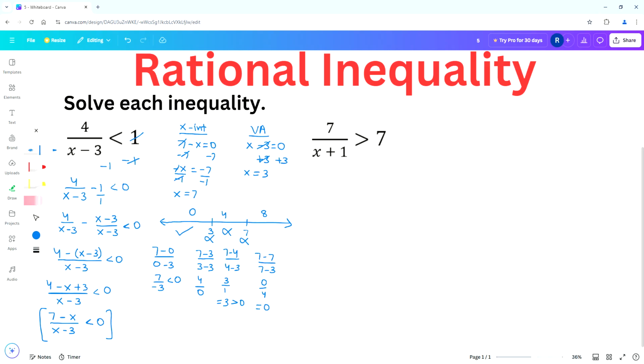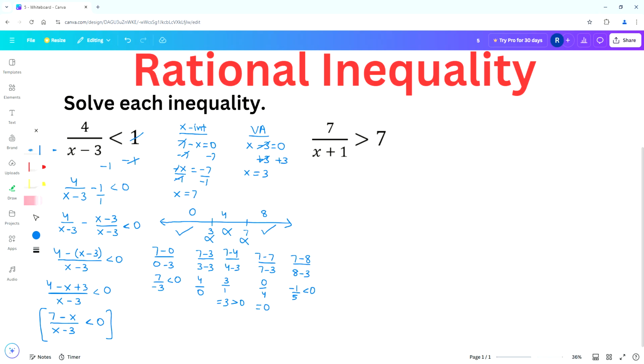Next, we can use the test value 8. I get negative 1 over 5, which is less than 0. That means the interval to the right side of 7 works.